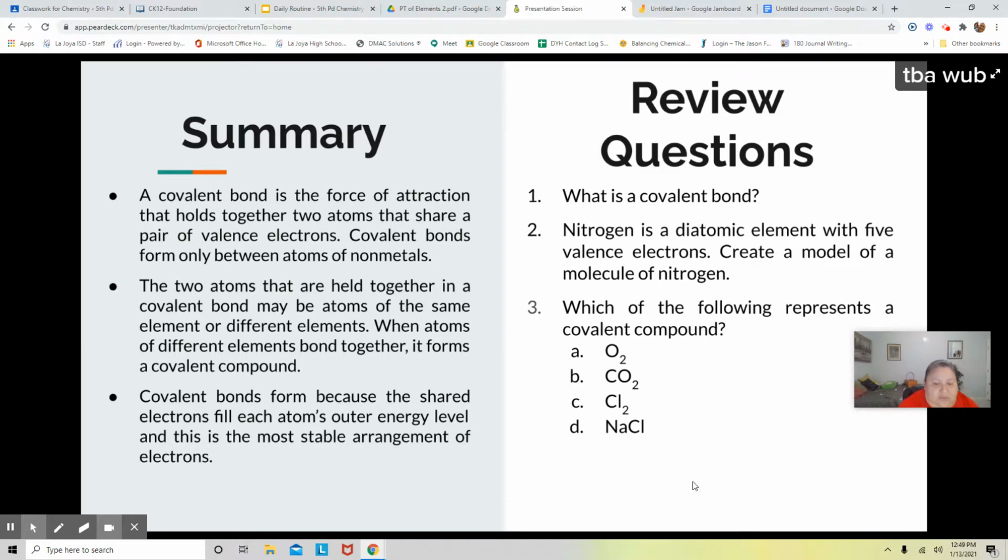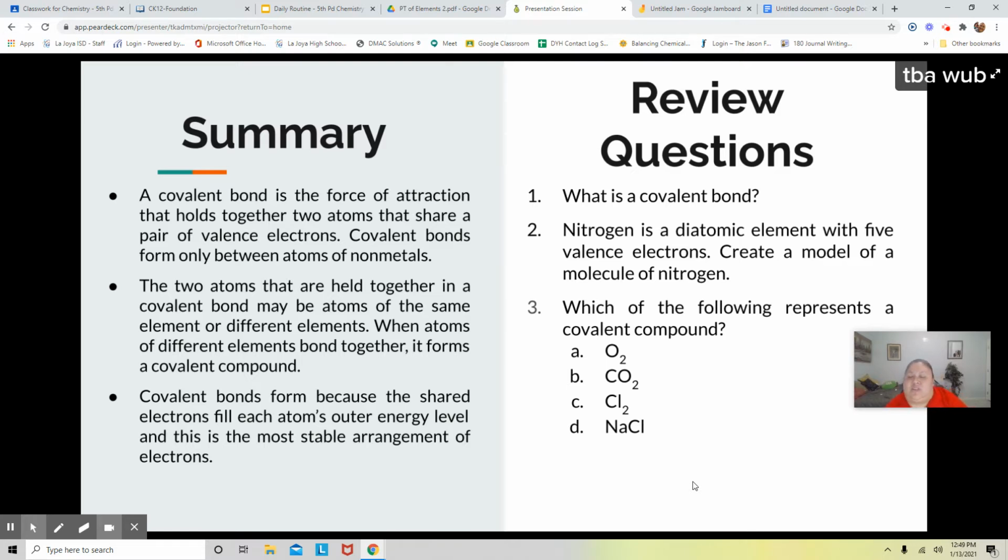Covalent bonds form because the shared electrons fill each other's outer energy level, and this is considered to be the most stable arrangement of electrons. Remember, the magic number that everybody wants, guys, is always 8. Unless it's hydrogen and helium, then it follows 2, the rule of 2s.